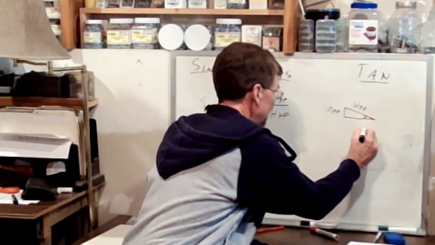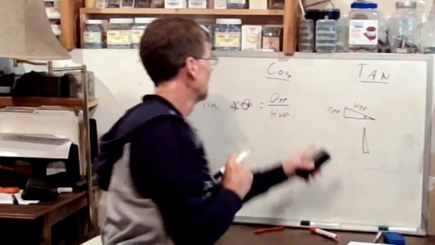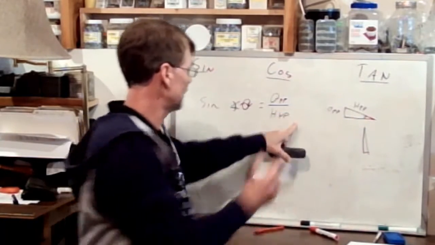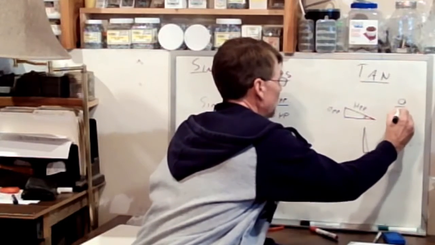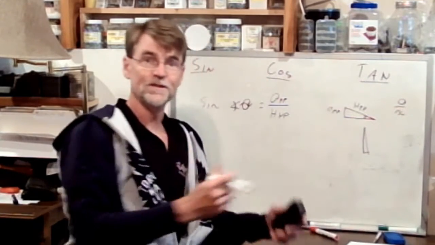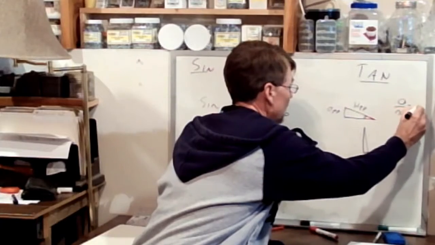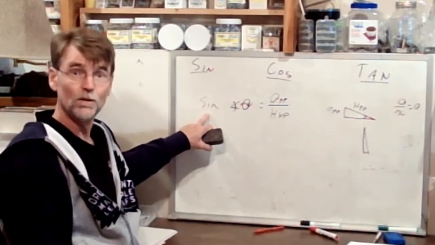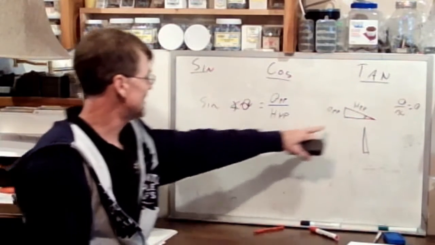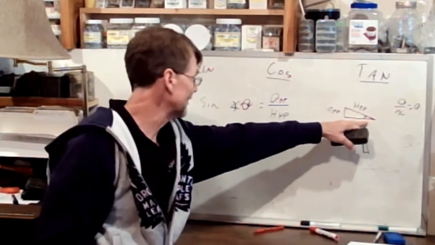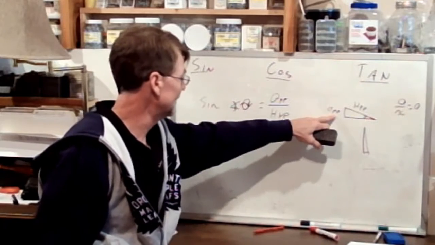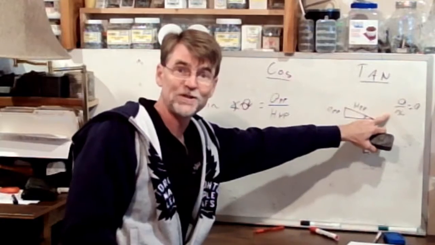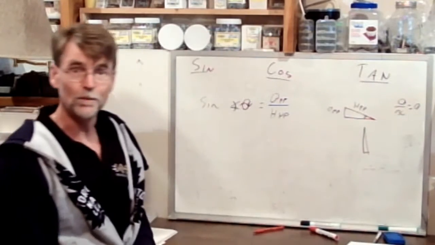We've got a very small number, almost 0 over something. So 0 over x equals 0, right? So the sine of the angle starts at 0 when the angle is 0. And as the angle grows to something like 10 degrees, we have a fairly small number here compared to this number. The ratio between the two gives you a fairly small number.